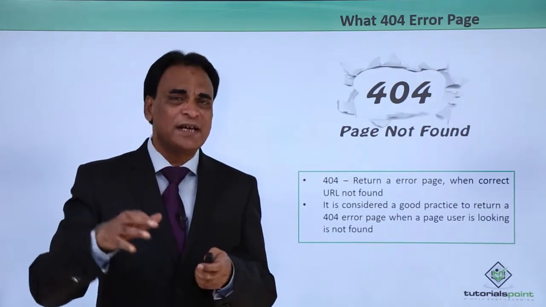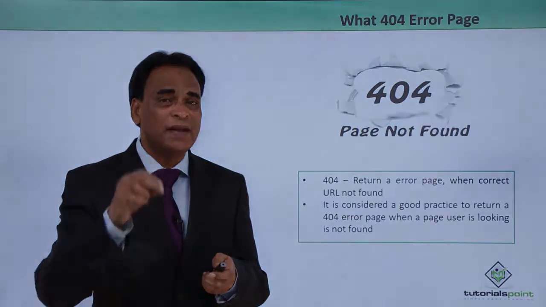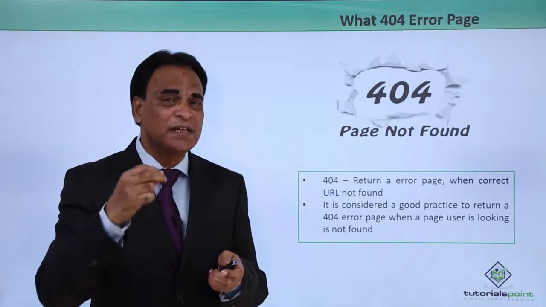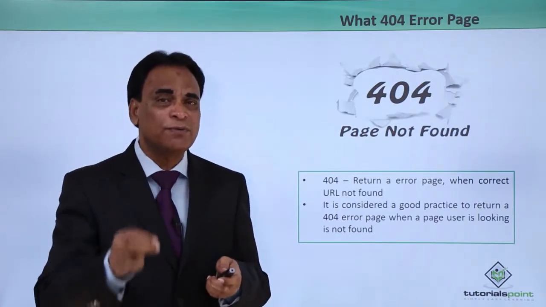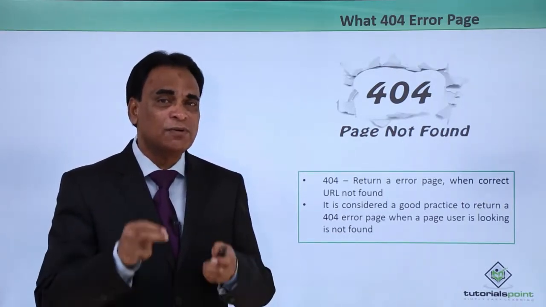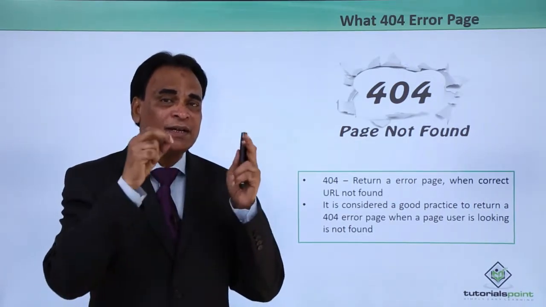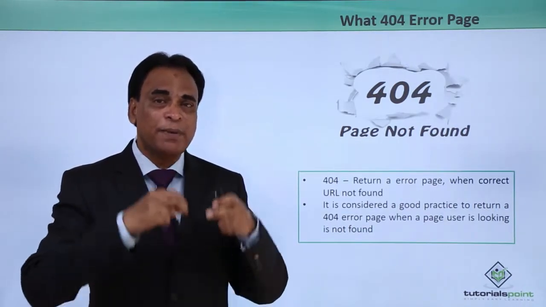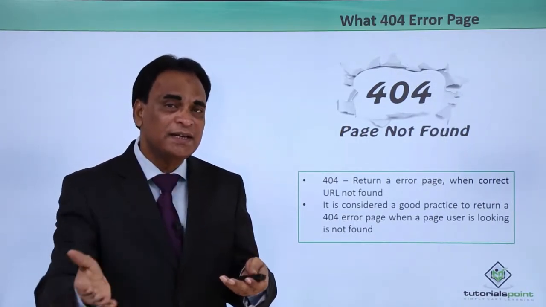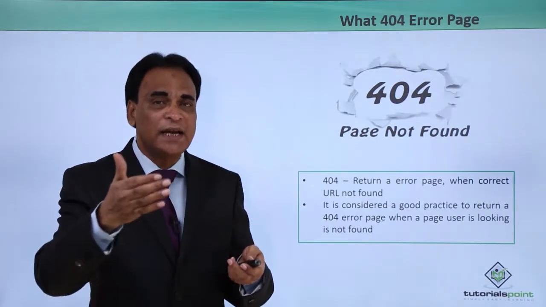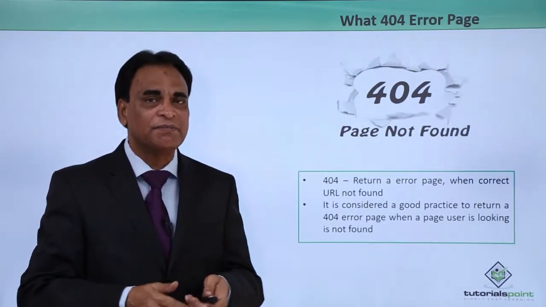In any of these cases, when an incorrect URL or an error URL or a misspelling is given in the URL, the website has to return a 404 error page, and that 404 error page informs the user that the page they are looking for is not available on the website, and they can return back to the home page or any other page where links are provided on the 404 error page.